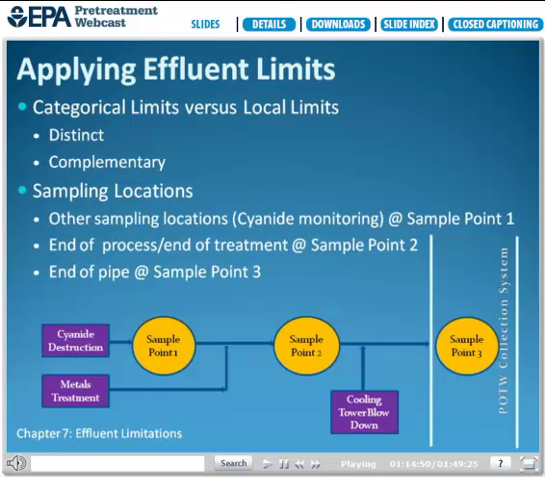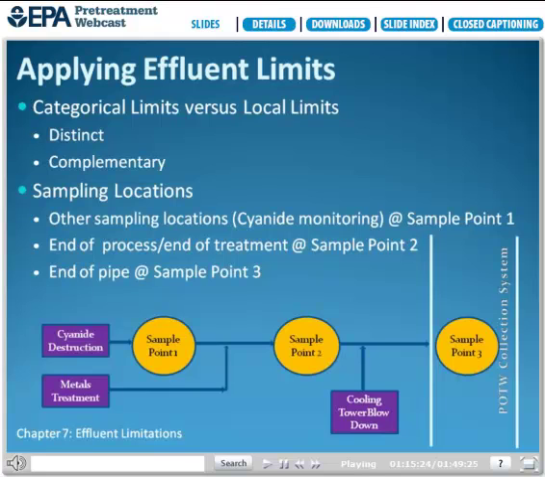Often it's easier for a categorical user to be monitored at both the end of process and then at the local limit sample point 3 for those pollutants that are of concern at the local level, rather than trying to apply the combined waste stream formula.